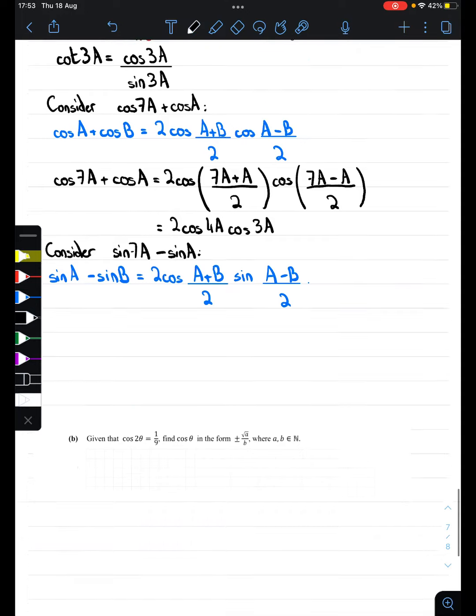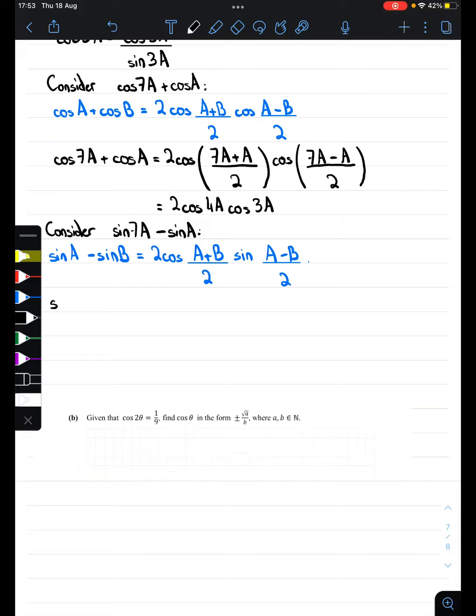Now if we use this formula for our expression sine of 7a minus sine of a, we can rewrite this as 2 cosine of (7a plus a) over 2, times sine of (7a minus a) over 2.